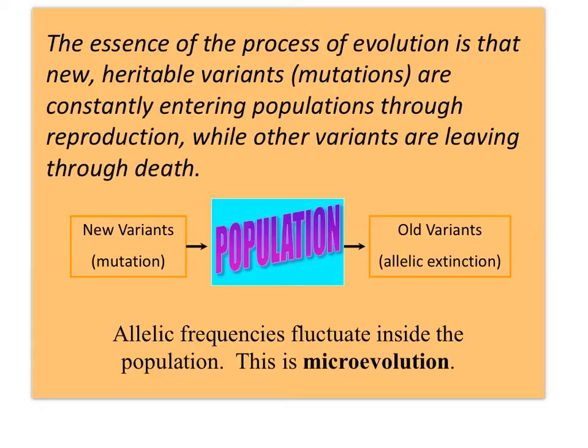And so, a bunch of alleles for thick fur would probably disappear from the population. Because of this, we get alleles, these gene variants, that fluctuate inside a population. Now, there are other reasons for this fluctuation that we'll get to in terms of other forces of evolution, but for right now, we're just talking about evolution by natural selection.